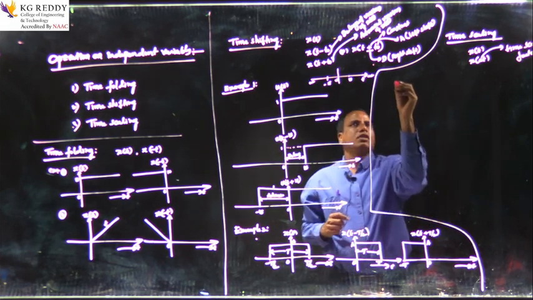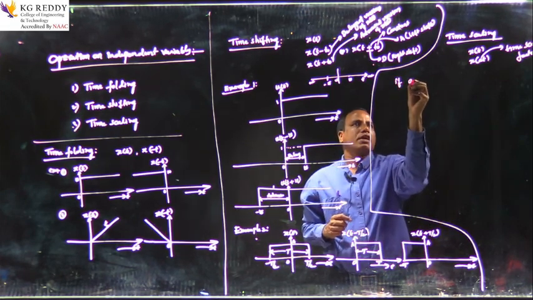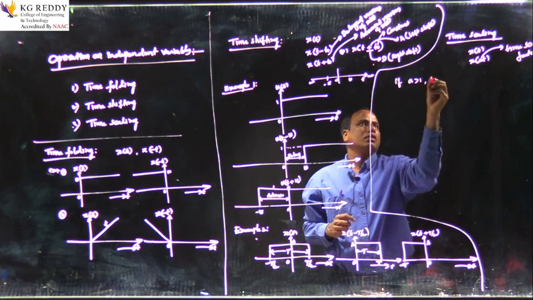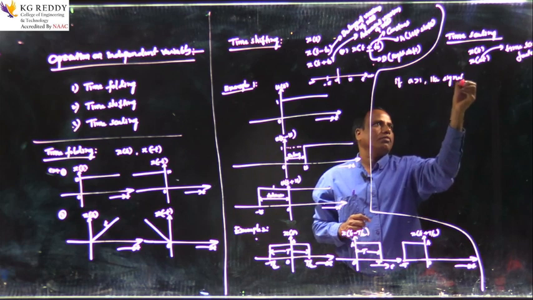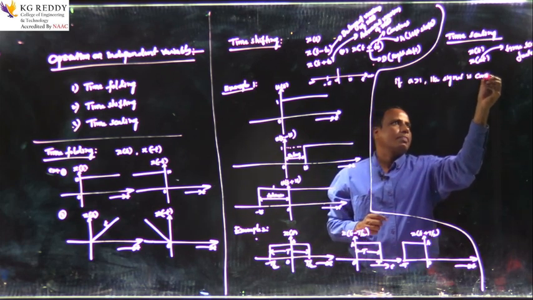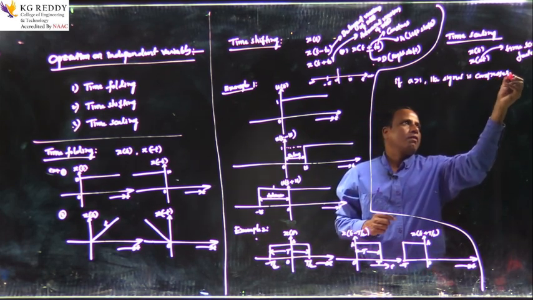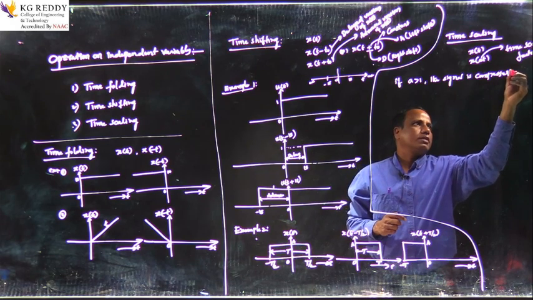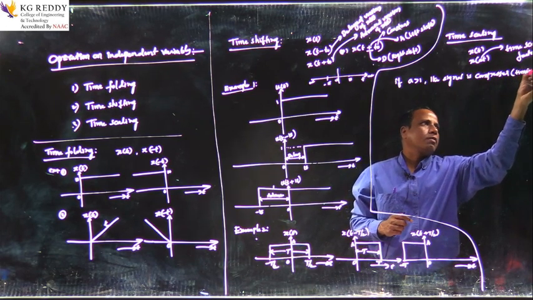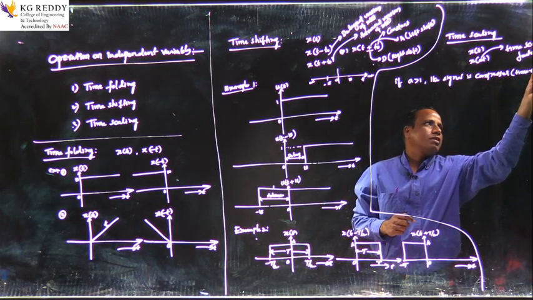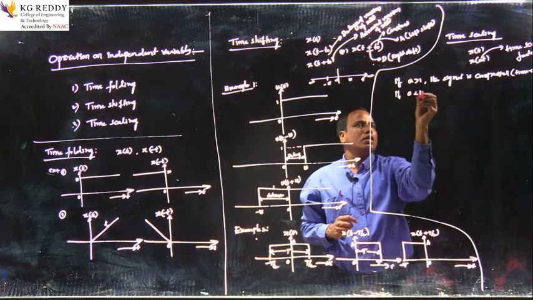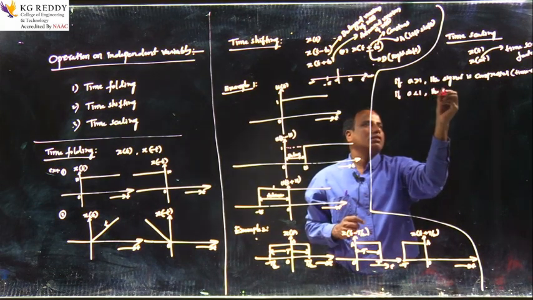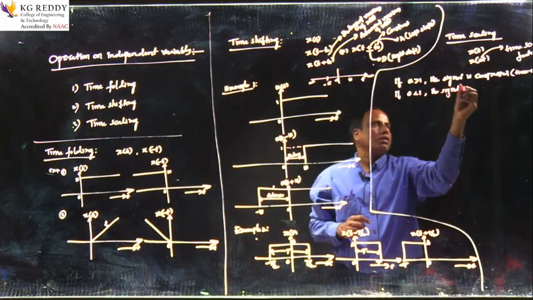Generally, if the time scaling factor is greater than 1, the signal will be compressed. We call it time compression. And if the time scaling factor is less than 1, the signal is expanded.